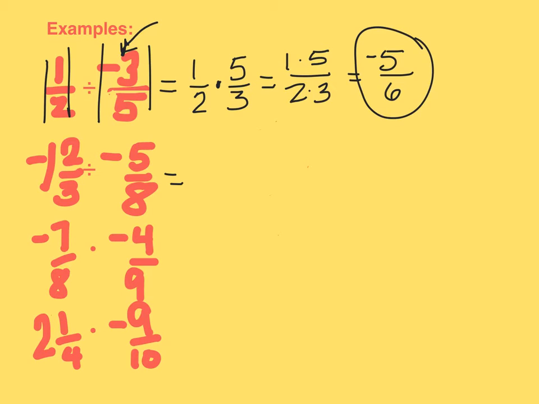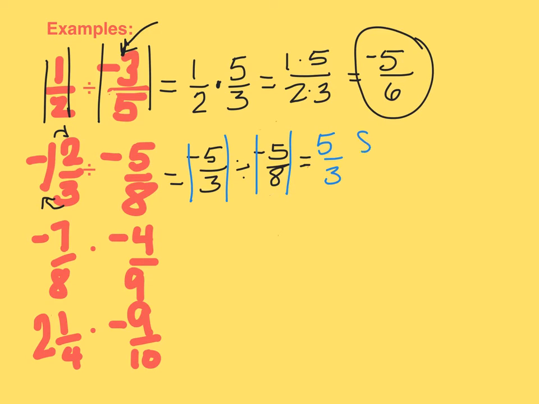Our next example is a division problem. However, we've got a mixed number there that we need to address first. So 3 times 1 is 3, plus 2 is 5. So we've got -5/3 divided by -5/8. And now we get to do the Math Macarena. Keep the first. And I want to remind you at this point we are dealing with the absolute values. Keep the first.